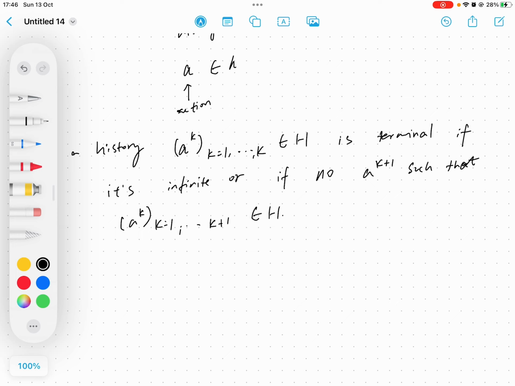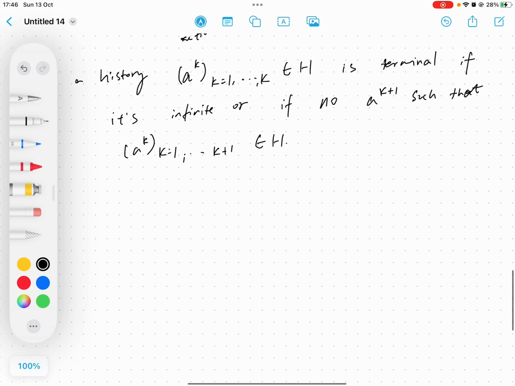So it ends the game. So the set of terminal histories is denoted using the capital Z.